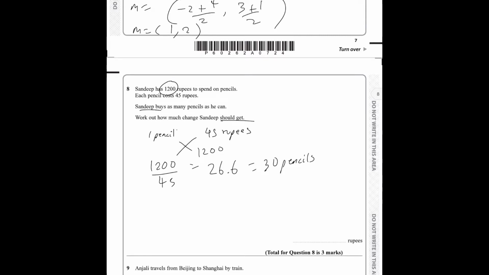They're asking how much change he should get. So since he has that much money to spend, we know it's only possible to buy 30 pencils. So that could be your answer itself. 30 rupees, most probably that's going to be your answer.